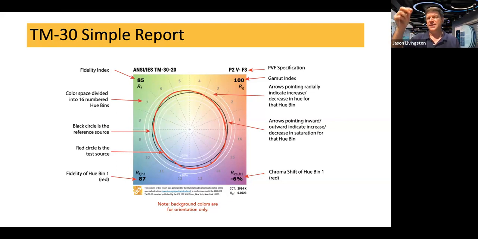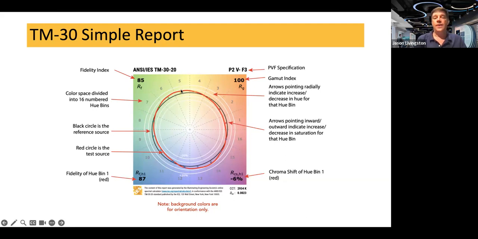And the white circles are 10% increments. So we can read into this a little bit, how much is chroma being increased in saturation. Where the red line is inside the black circle, that indicates a decrease in saturation in that hue bin for those colors. And again, the two white circles indicate 10% and 20% decreases in saturation. So we're getting a little bit of a guide there. Now, you can see these little arrows, the center of each hue bin, right?